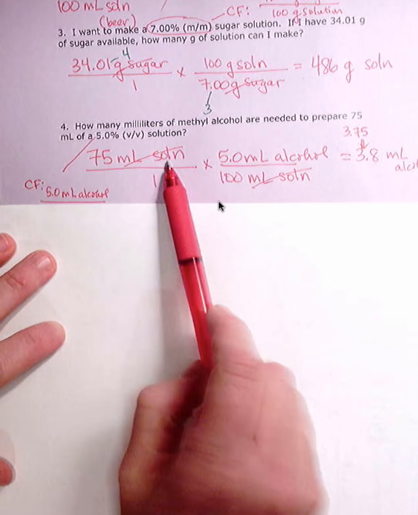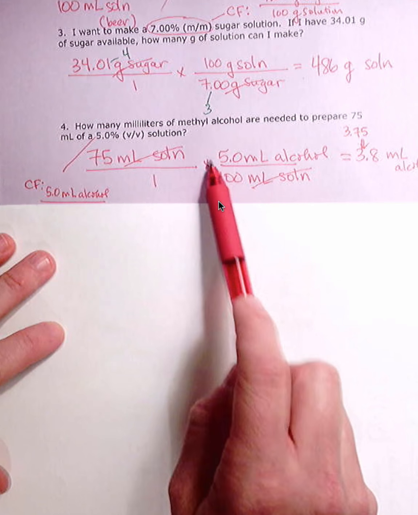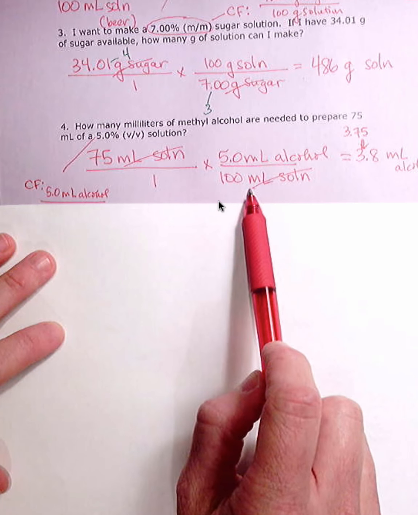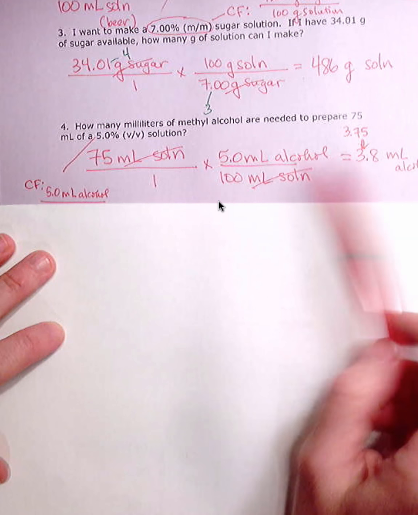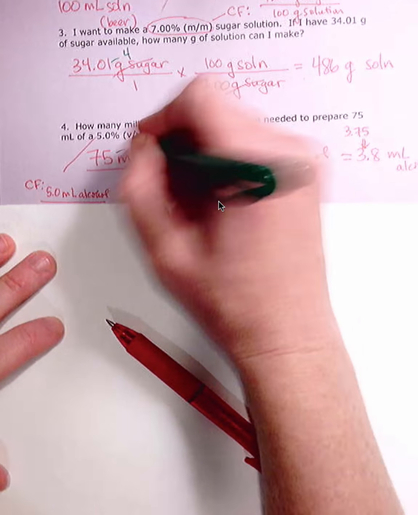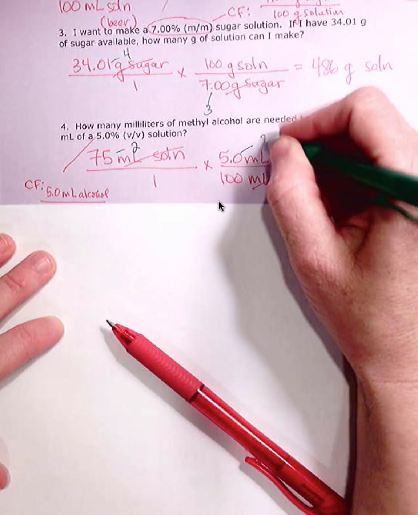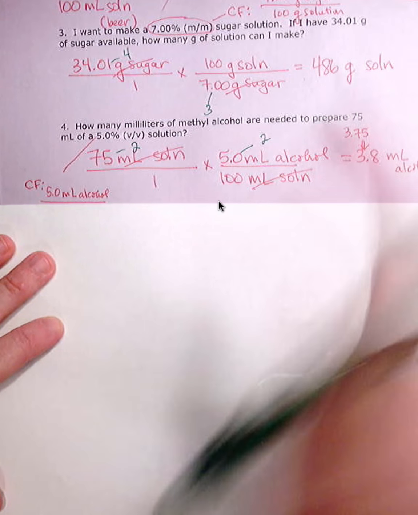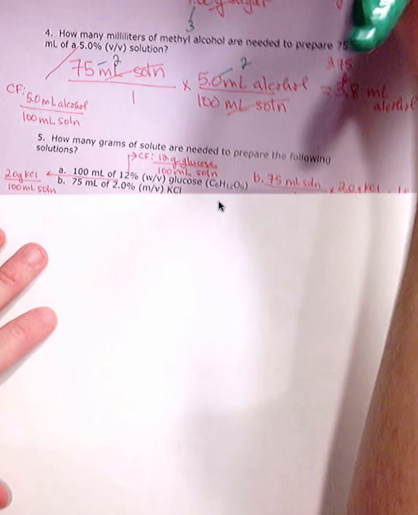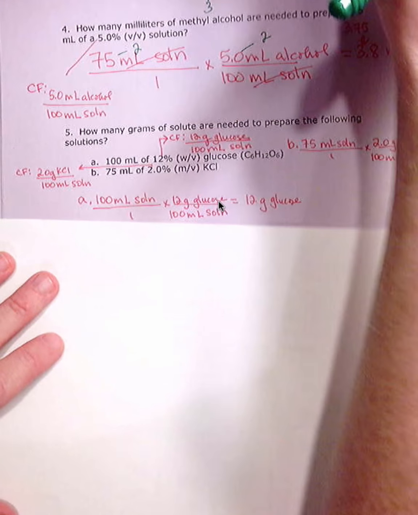So 75 milliliters of solution times 5 milliliters of alcohol divided by 100 milliliters of solution gives you 3.75 milliliters. And the number of significant figures, you have 2 here, 2 here, so you can only have 2 significant figures.